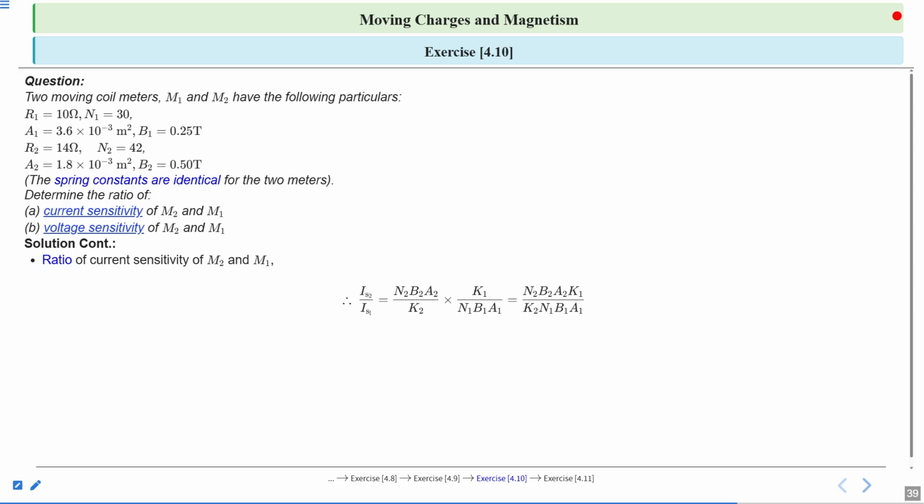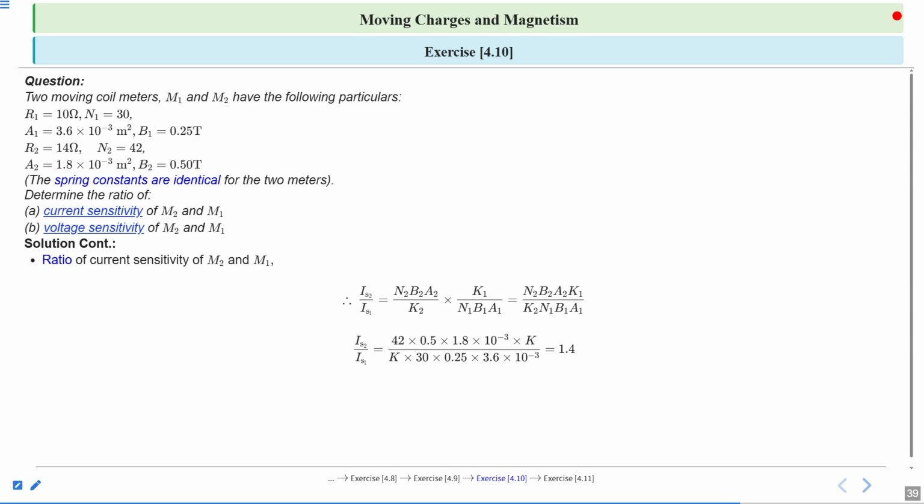Now K1 and K2 are the same, equal to K, because the spring constant for both meters is identical. So K1 and K2 will cancel out from the equation. So IS2 by IS1, after putting all the values: N2 is 42, B2 is 0.5, A2 is 1.8 into 10 to the minus 3, into K1 equal to K, upon K2 equal to K.